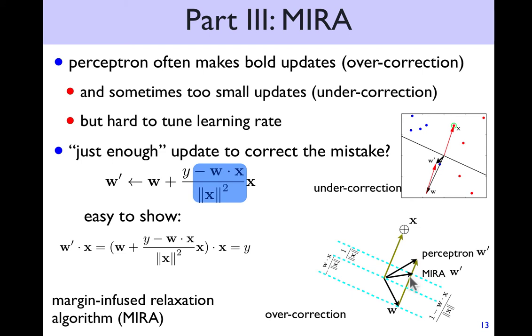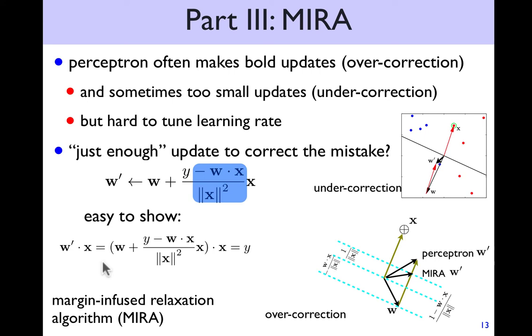So in Myra, we want to make sure that after the update, the new weight vector W prime dot product X will be exactly 1 for a positive example, or exactly -1 for a negative example. That 1 is the margin, the safety net.